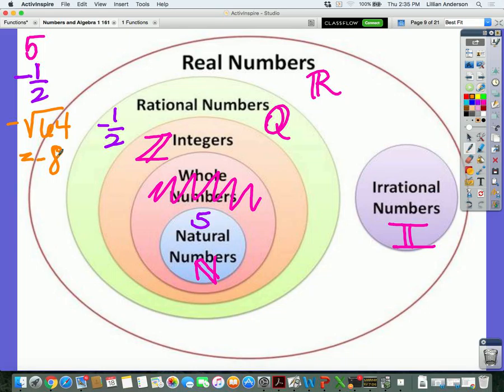No, so it's not a natural number. It is a negative whole number, so it falls in the integer category. So it should be Z as well as Q, because any integer can be written as a fraction, and it is R. Okay? Last one.